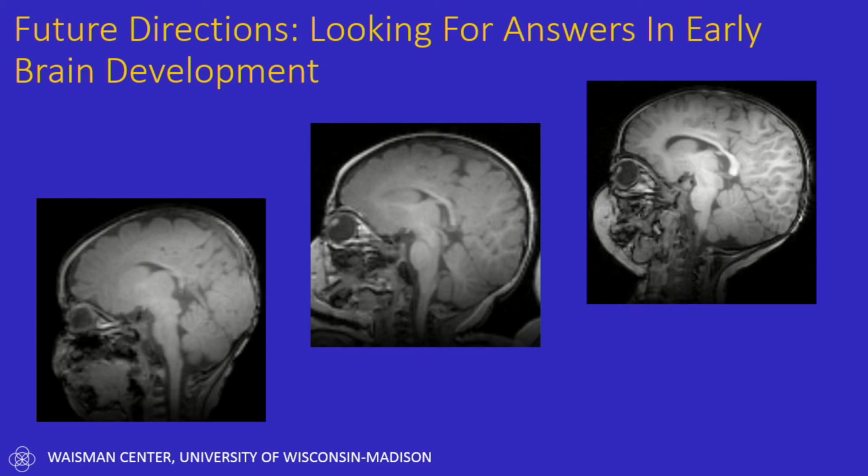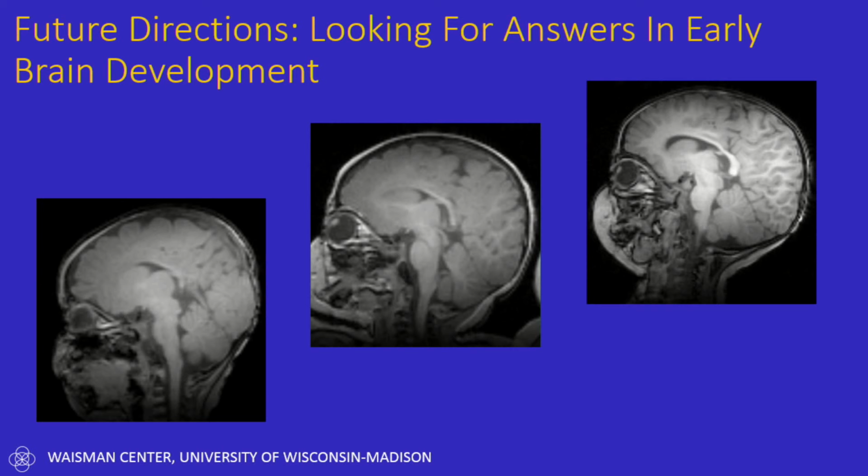It's one of the fastest growing periods of development, the first 0 to 2 years of life. We see an explosion of white matter development in the brain. So early on in life, there's very little myelinated white matter, and over time, that process is very rapid. And by about 2 years of age, the brain is already looking adult-like.